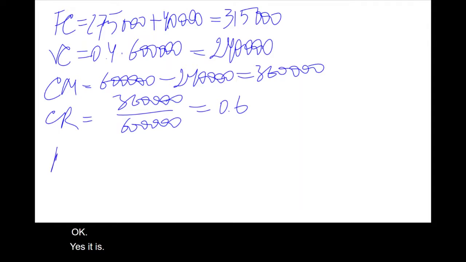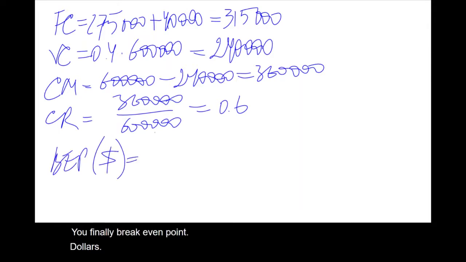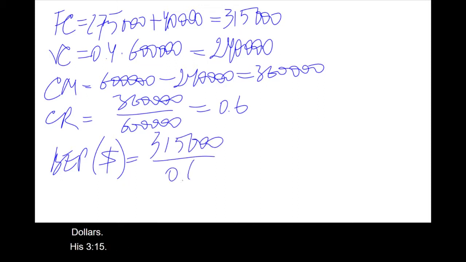And finally, break-even point in dollars, that is 315,000 divided by 0.6. So 525. That's it. Questions?